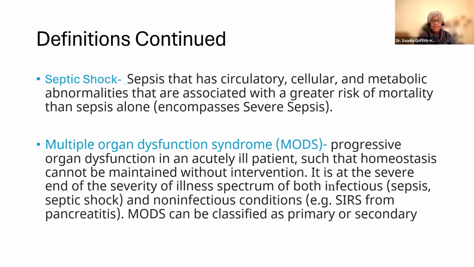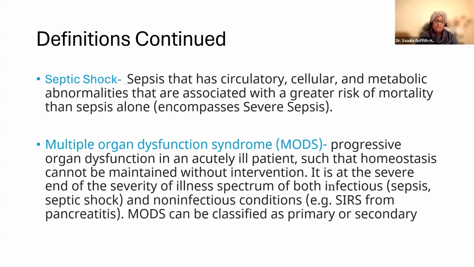And then finally, you have the concept of multiple organ dysfunction syndrome, which is basically the last stop on this continuum before death, where you have progressive organ dysfunction in an acutely ill patient, such that homeostasis cannot be maintained without aggressive intervention.